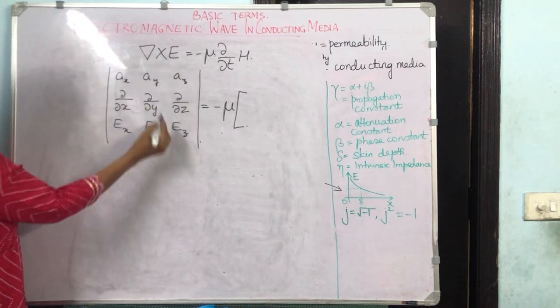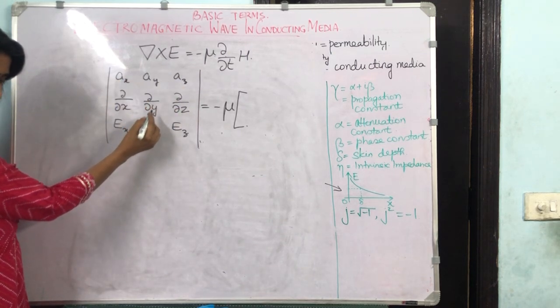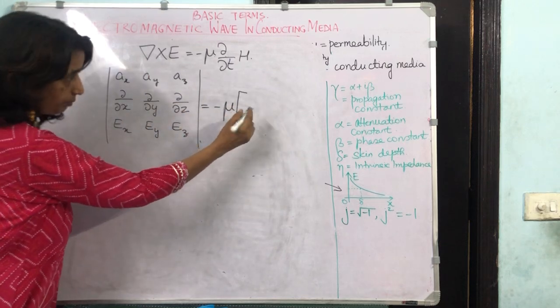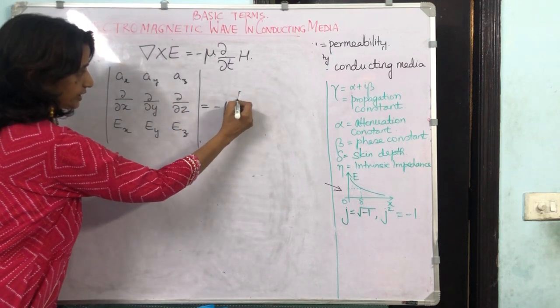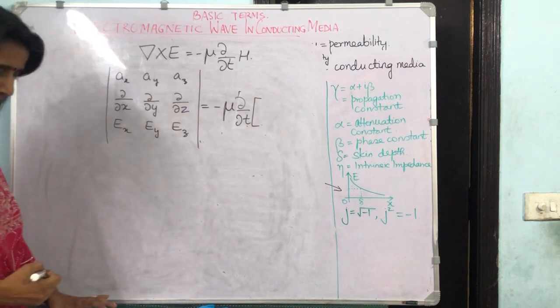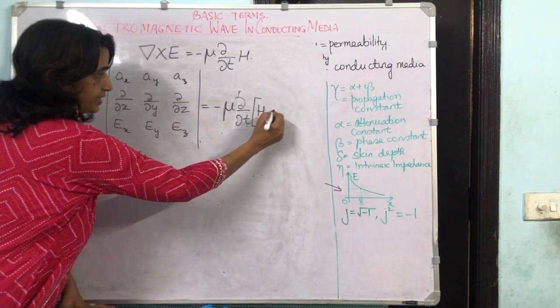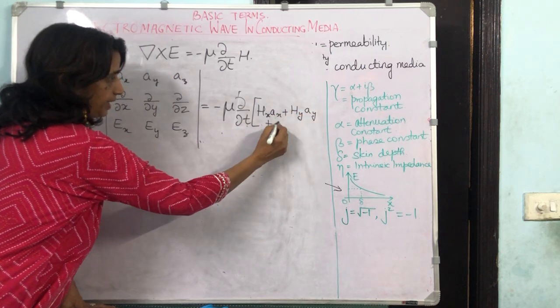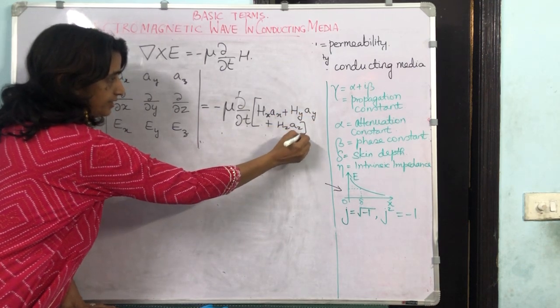So for AX, this becomes this much, and for this the X and Y values we will put here. So this is del upon del t into HX AX plus HY AY plus HZ AZ.